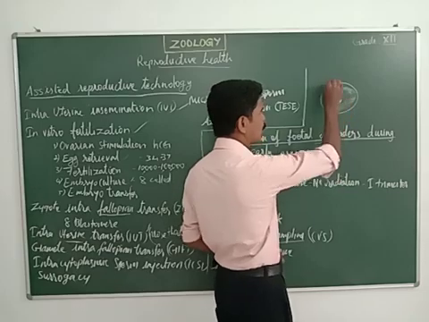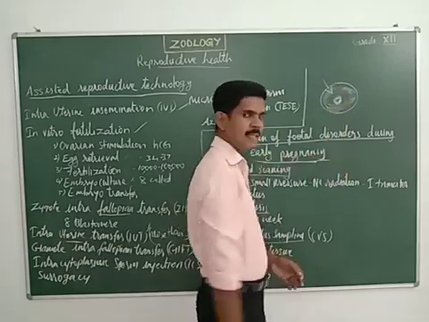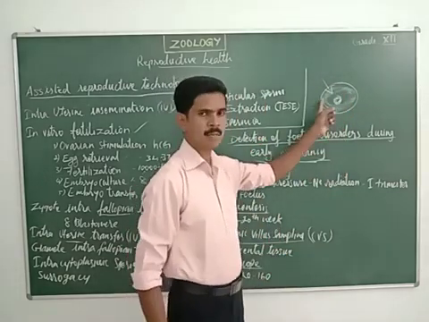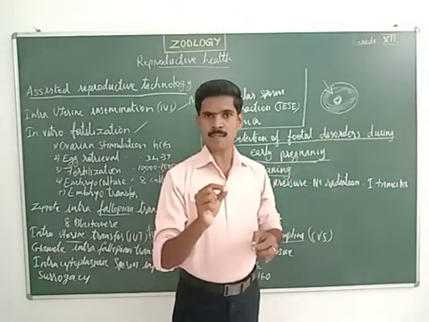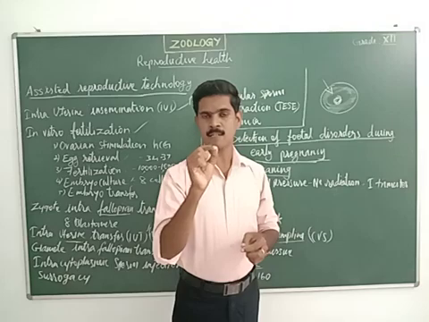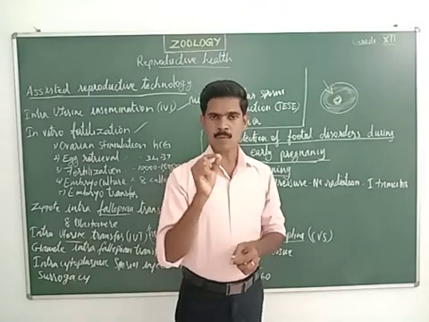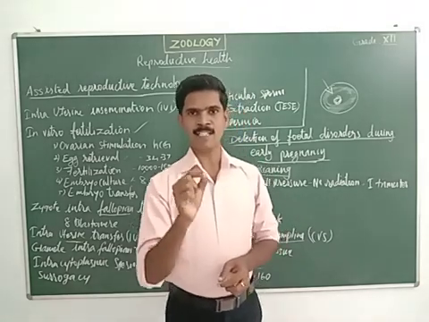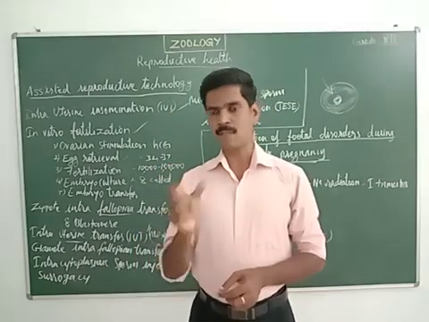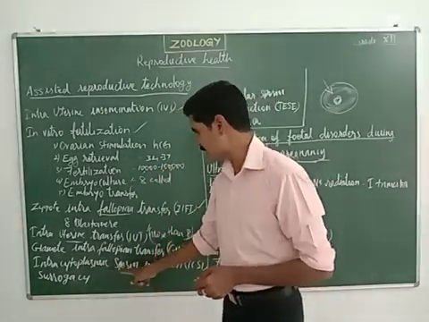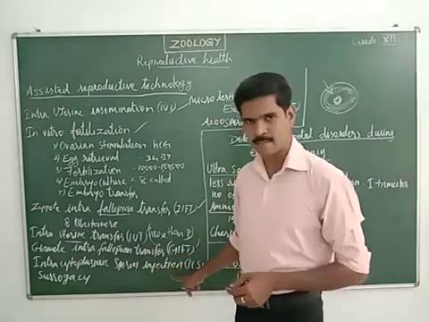One sperm is directly inserted inside the cytoplasm of the egg through a point called the focal point. So through the focal point, a single sperm is inserted inside the cytoplasm of the egg. This technique is called intracytoplasmic sperm injection.